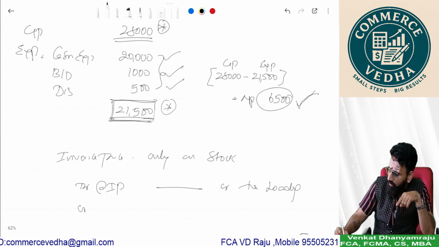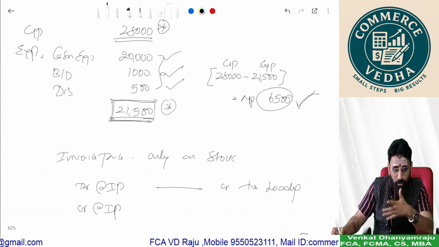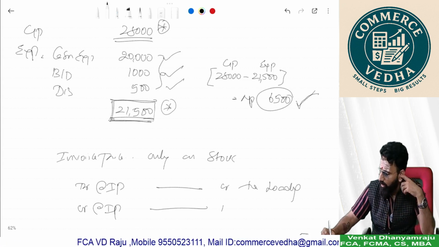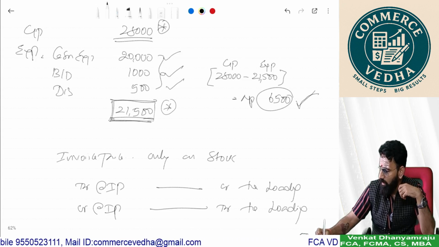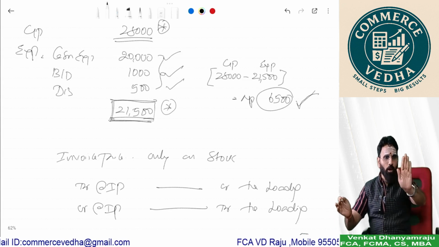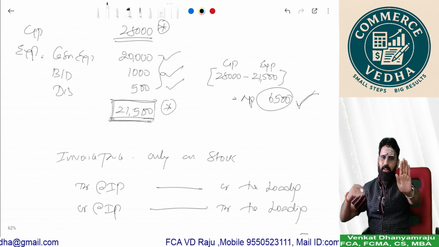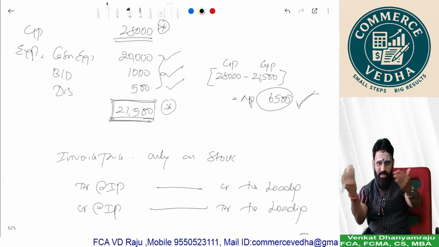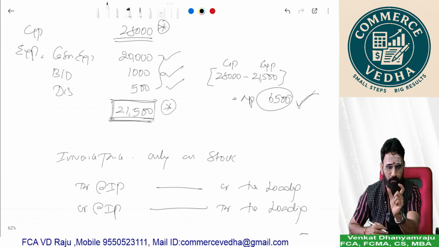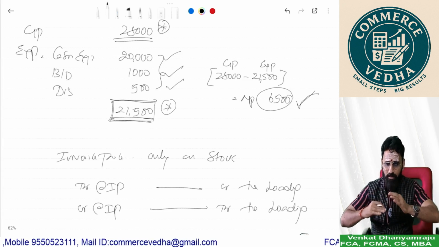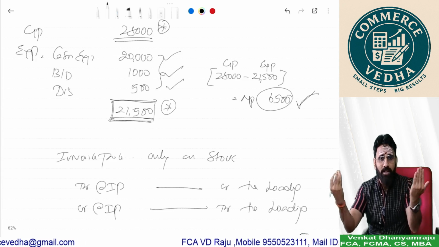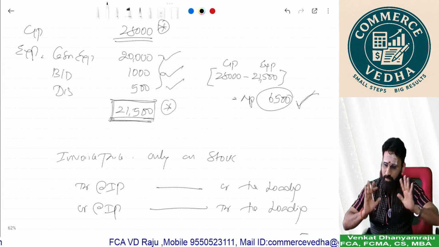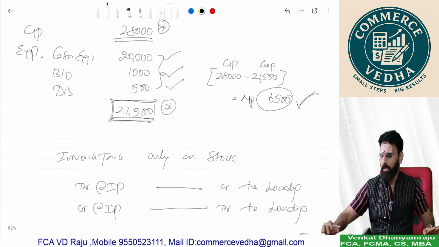If stock is credited at invoice price, like closing stock and returns, you debit the loading. So that invoice price on the debit side, loading on the credit side nets off and you get cost. Similarly on returns, invoice price on the credit side, loading on the debit side, net off, you get the cost. That is the only logic in the method.